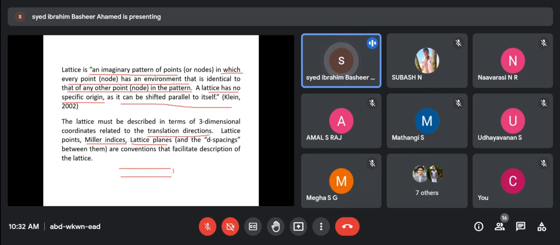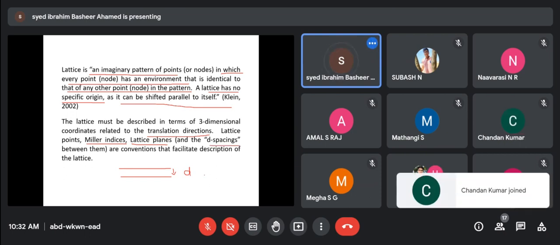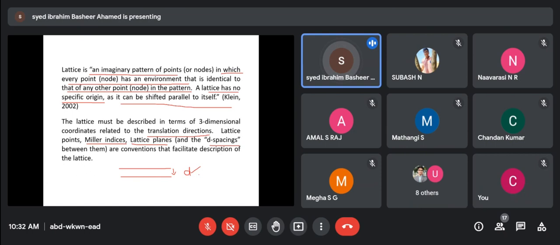The distance between these planes is denoted with the letter d, called the d-spacing or interplanar spacing.